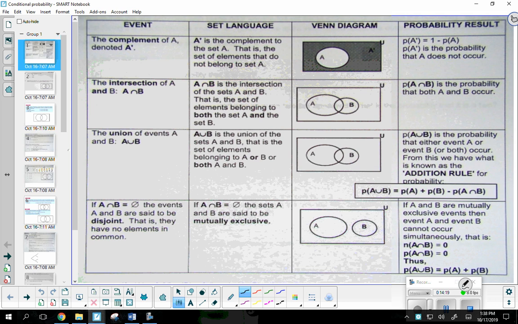Okay, so the complement of A, denoted with that little tick mark. Remember, this is everything still in the universe, but outside of that particular set. So we've got the shaded region right here. When it comes to probability, the probability of a complement occurring is 1 minus the probability of A. And again, what does 1 represent?